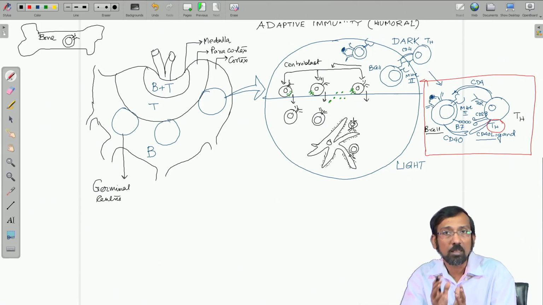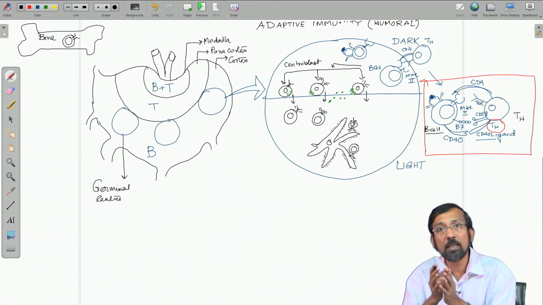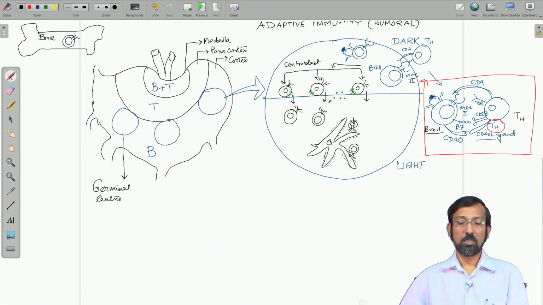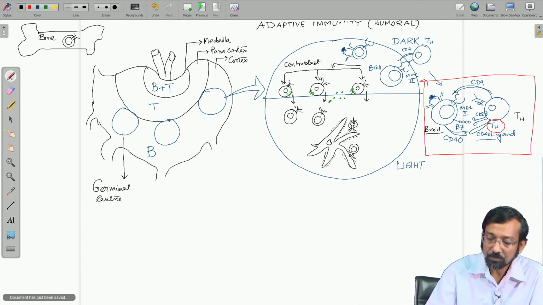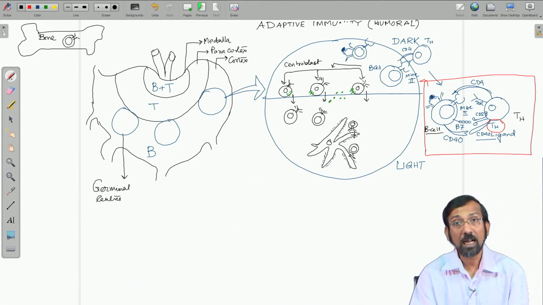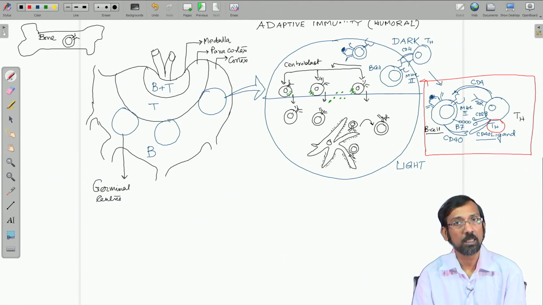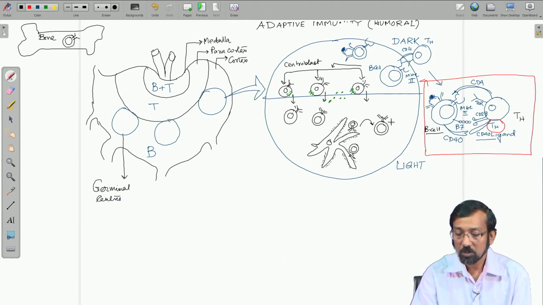The centrocytes which are expressing high affinity antibodies on their surface will start competing with the centrocytes which have low affinity antibodies. So, now there will be an affinity based selection, and depending on the affinity of their antibodies, only those B cells expressing antibodies having high affinity for the antigen will be selected.